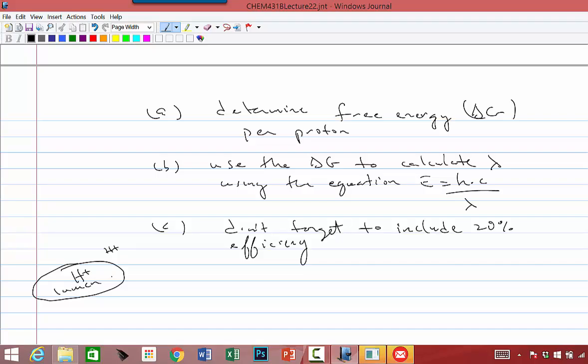And I know that the general equation for delta G for particles across a membrane is this, where delta G is going to be equal to the electrical energy plus the chemical energy.